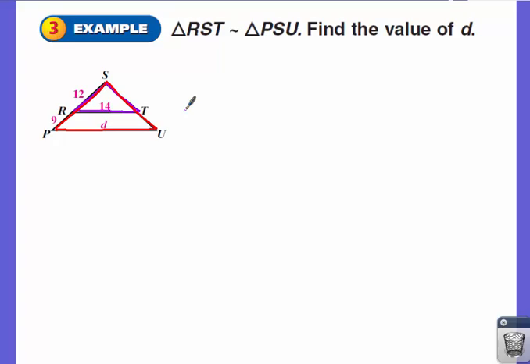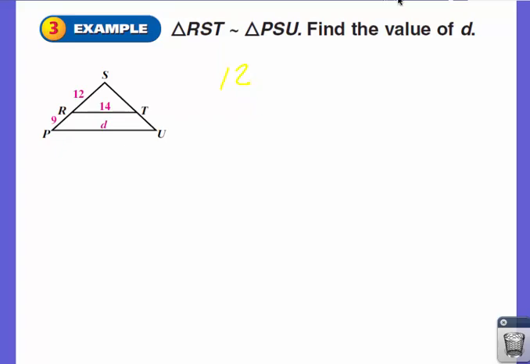Okay, so let's set up our parts. So let's start with our little triangle and go to the big triangle. So here we got a little triangle here. And what parts do I actually know? Okay, well, I know this piece right here corresponds to this whole piece right here, okay? So in order to actually put those numbers down, we might get tricked into thinking that it's 12 over 9, but it's really not.